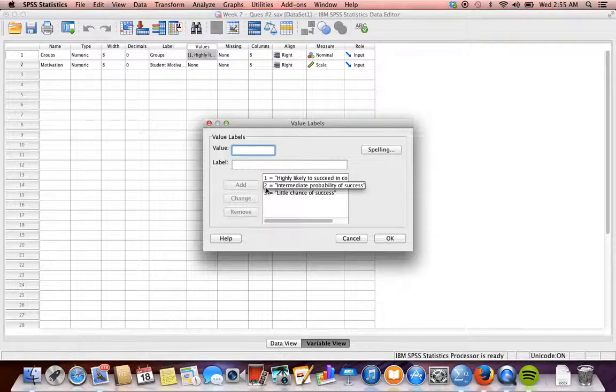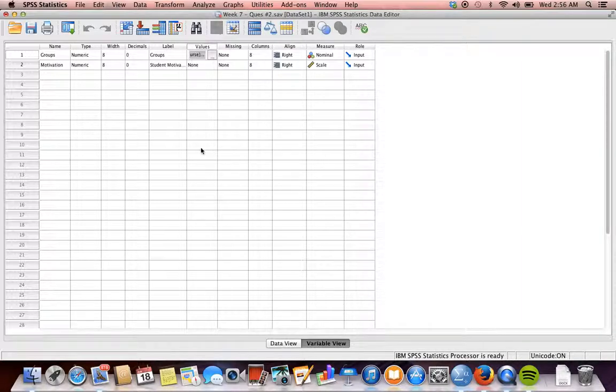Group 2 is intermediate probability of success in the course. And group 3 is little chance of success in the course. Again, this will help with interpreting your results. And also for your decimals, make sure you have zeros in that column.